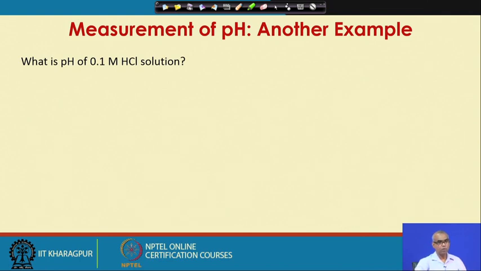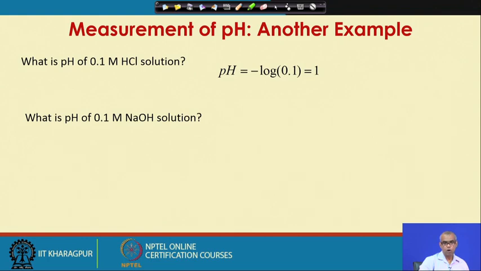Let us take another example. What is the pH of 0.1 molar hydrochloric acid solution? 0.1 molar. So, pH equal to minus log 0.1 is 1. What about the pH of 0.1 molar sodium hydroxide solution?